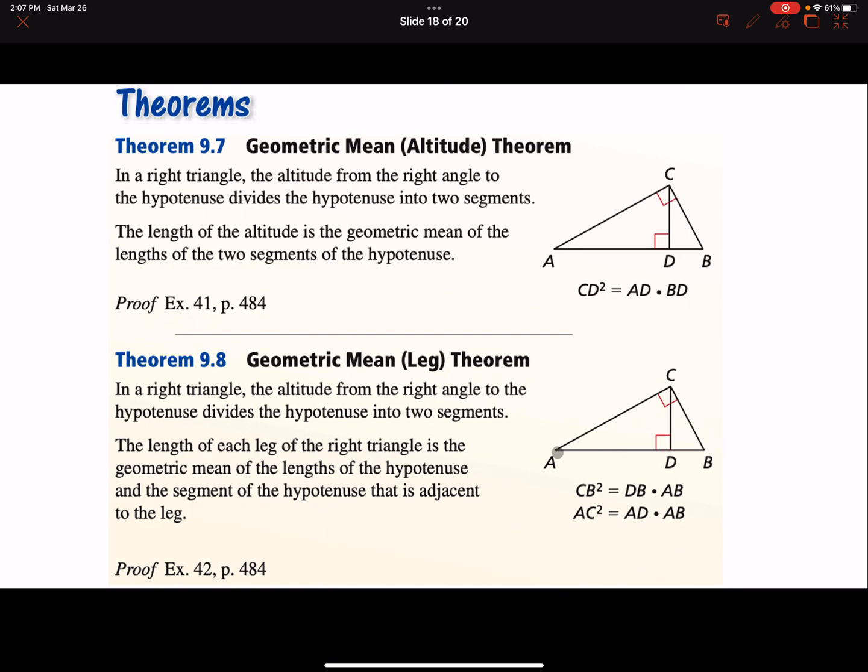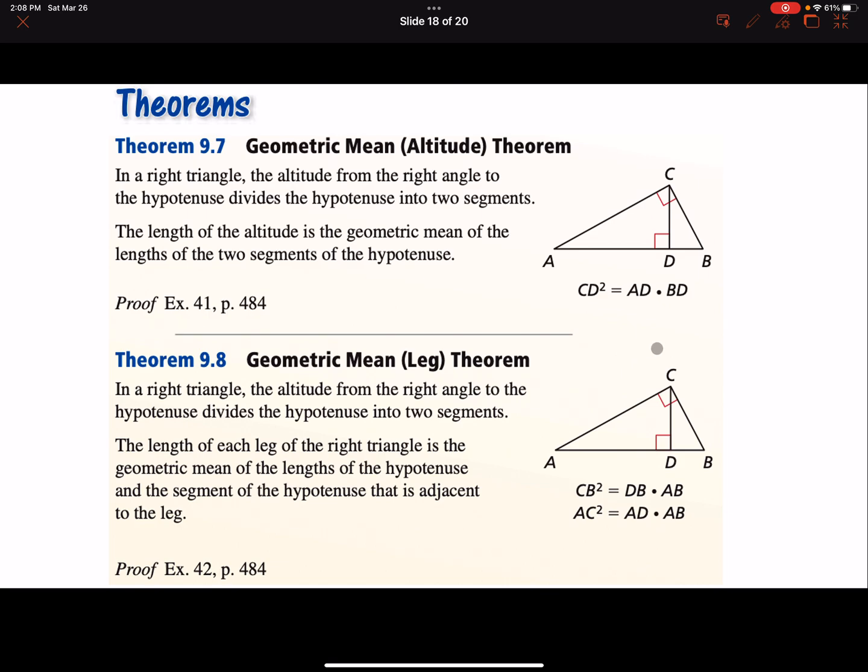So I'm going to take AD, because AD is adjacent to AC, or CA, however you want to look at it. And I'm going to multiply AD by AB, which is the whole hypotenuse, to get the geometric mean, and that should be equal to AC squared.